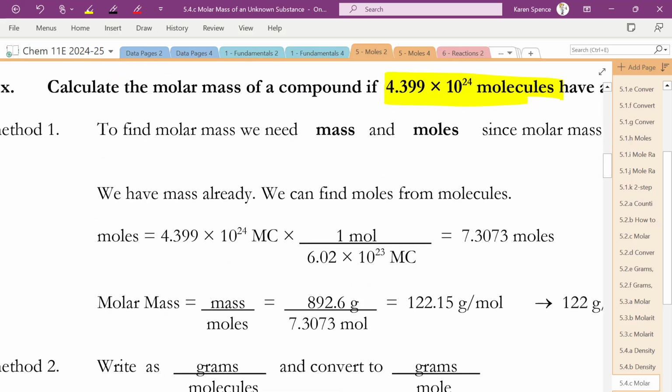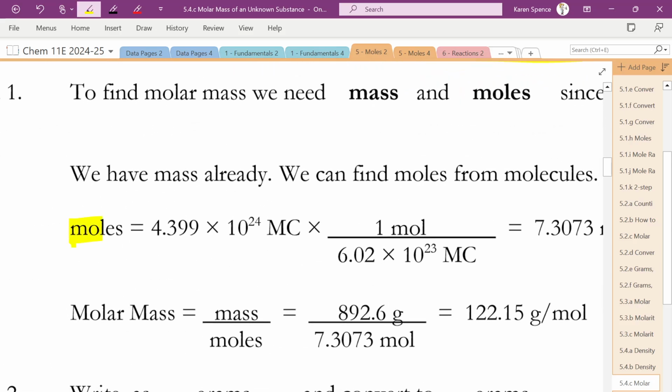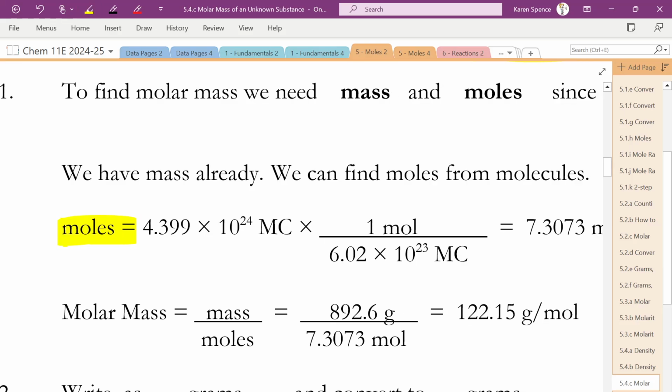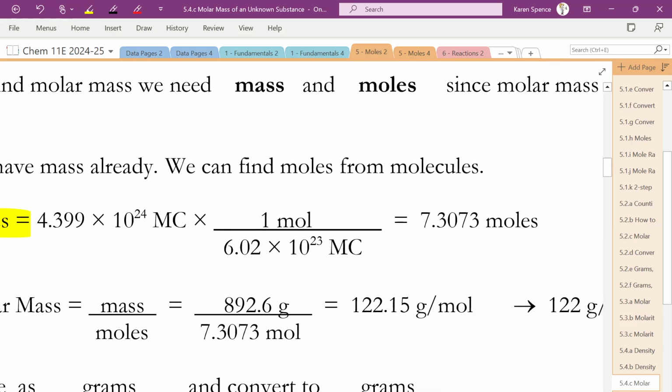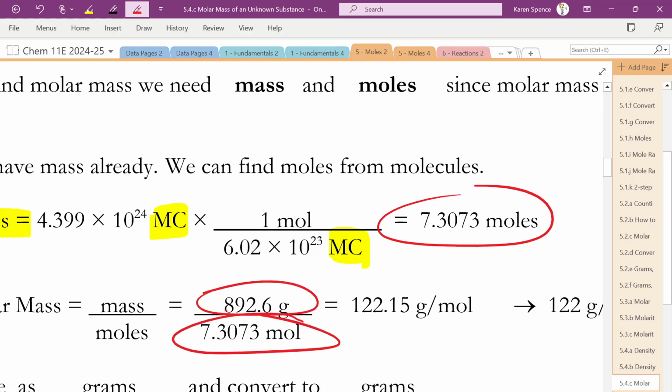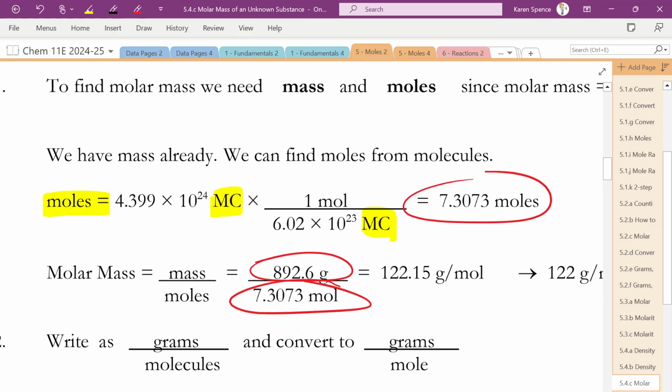Okay, you can start by finding the moles by doing the conversion. So we start with our molecules, we cancel molecules, and we find moles, and then we take our mass and divide by the moles. That's perfectly good. Totally good way to do it. 2 steps, 2 different lines. You can do it all in one line if you want to.